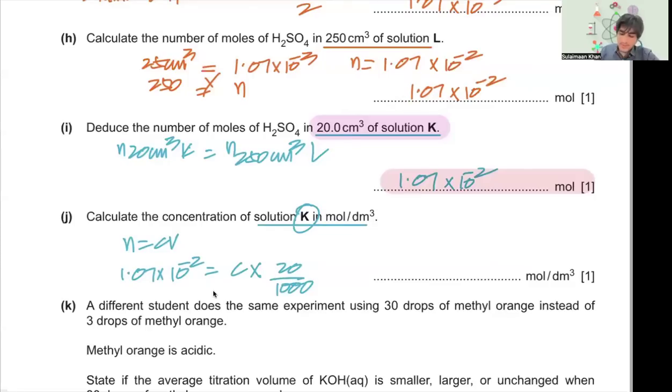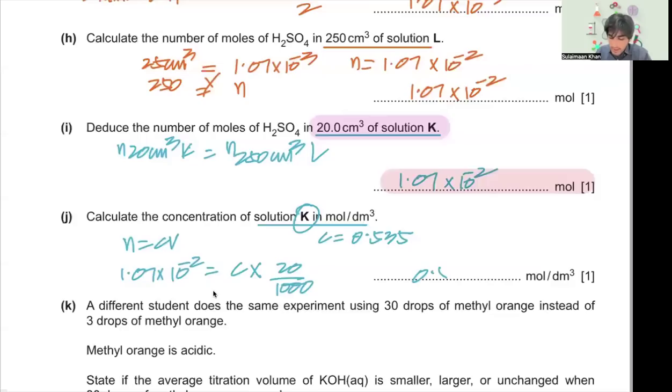Because I need to convert cm cube into dm cube. Remember, this has never been tested before, but if the units are the same, if that's cm cube and that's also cm cube, you won't divide by 1,000, because they would cancel out. If this was dm cube and that's also dm cube, they would cancel out. The only reason we divide by 1,000 is to convert into dm cube so that the units cancel out. So what's C? 0.535, yeah?